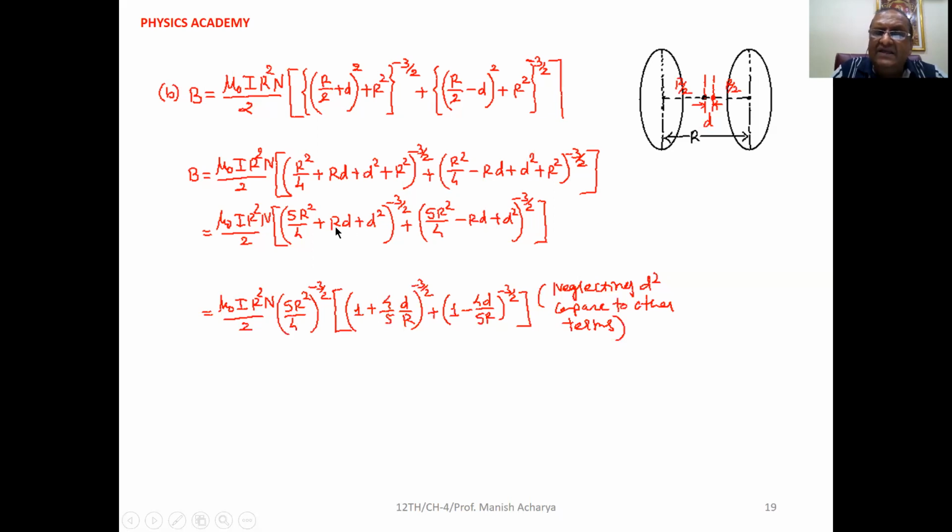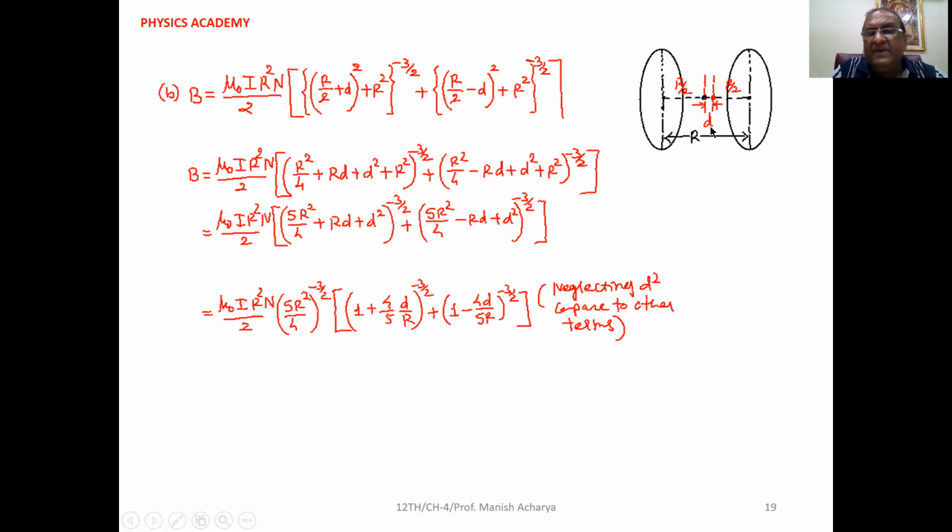For this r d, now from r d if you take 5R²/4 common, then you have to multiply it by 4d upon 5R, because if you multiply this 4d upon 5R by 5R²/4, then again you will get your answer r d.